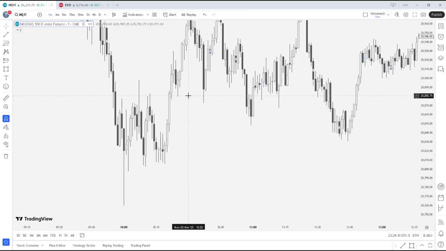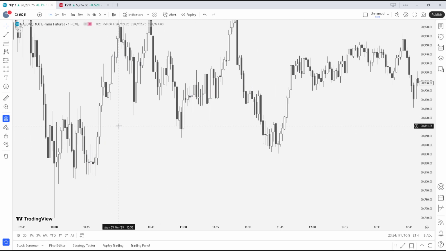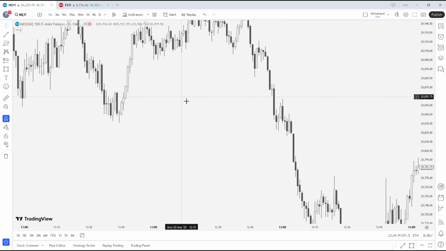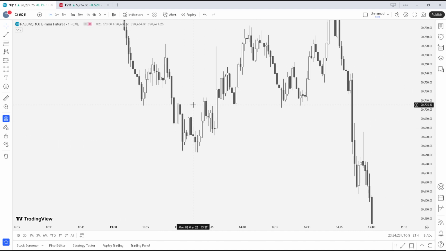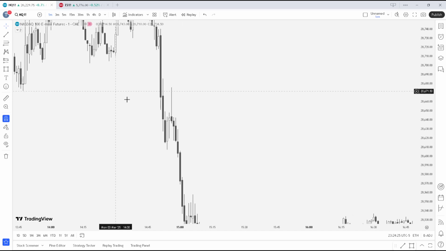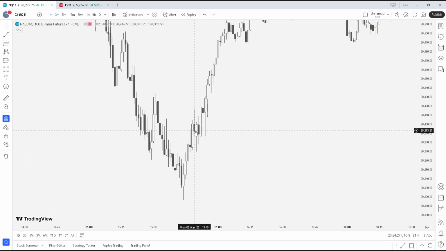So if we take a look at a bullish example, if I can find a bullish example. Okay, what is this? This is Monday. Okay, Mondays, this might not be the best.